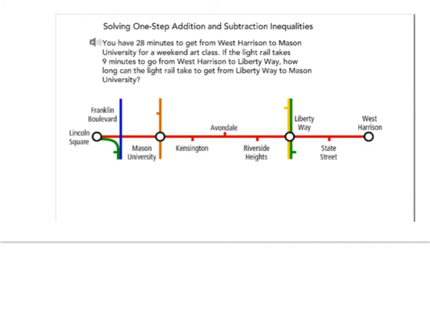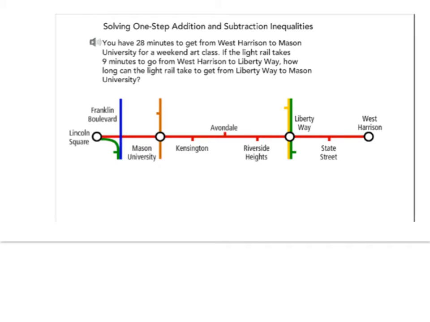Alright, so let's start solving some one-step addition and subtraction inequalities. This is a map of a light rail, which is very similar to a subway if you've ever ridden one of those. These maps are used a lot in New York, Chicago, mostly cities where you ride subways.